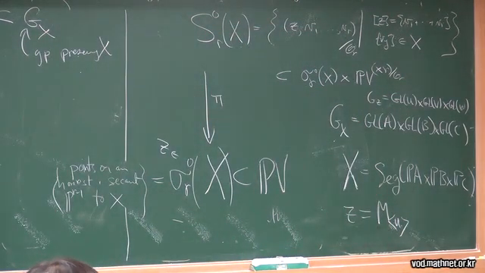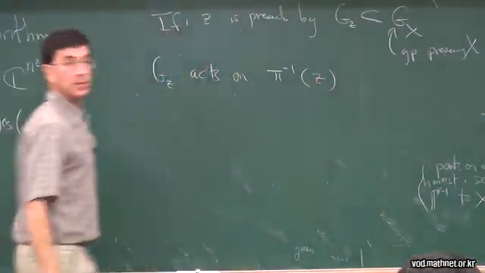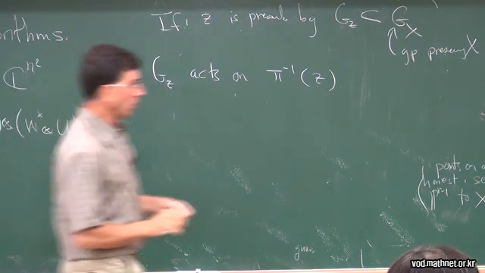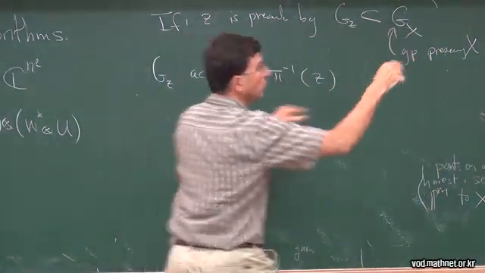Then GZ acts on pi inverse of Z, on the algorithms. So it preserves this point, but in general it'll move.